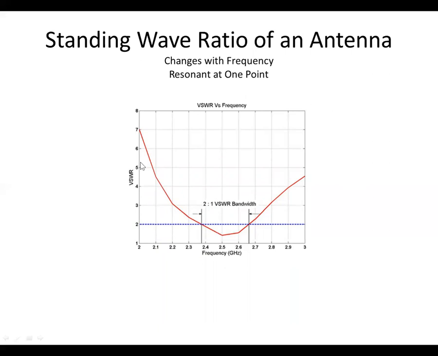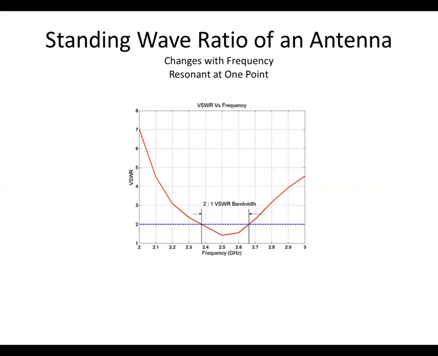Now, based on that, we're going to get into standing wave ratios of an antenna. A standing wave ratio is a measure of the power that we send to the antenna compared to the reflected power that comes back. If you're at resonance, most of the power that you're sending to the antenna, very little of it bounces back.